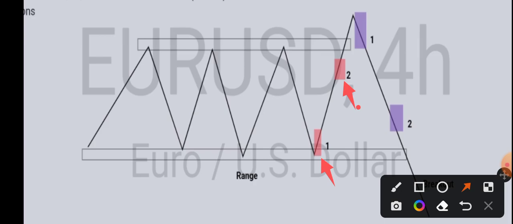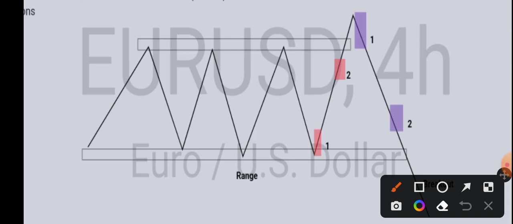So how do I apply that? When I'm able to identify a range, I now try to trace the ranges that took liquidity and the range that caused BOS. That's how I will show you on live charts anyway.